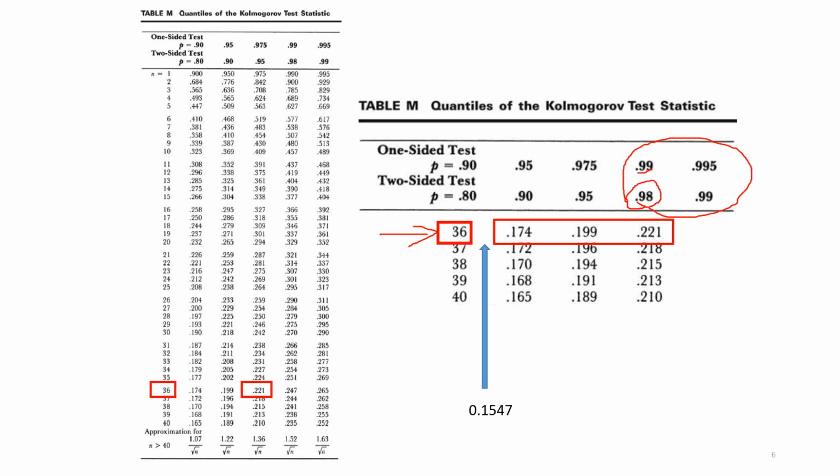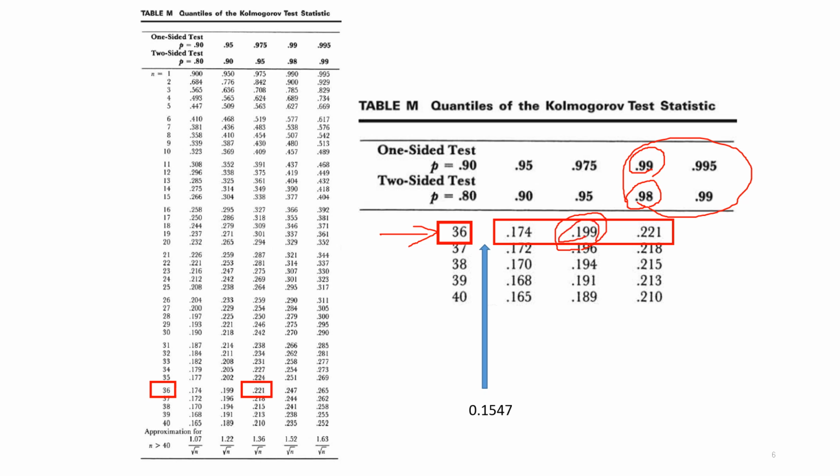For a one-sided test, it's going to be 99%. For the 95%, if my value exceeds this 0.199, then at alpha 0.05, that's the critical value.